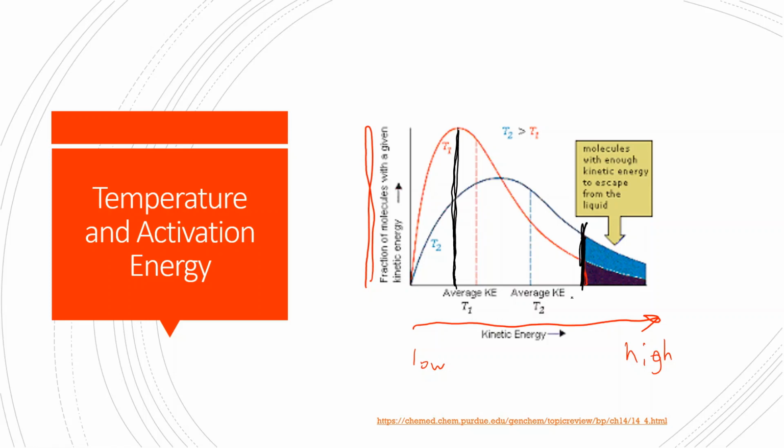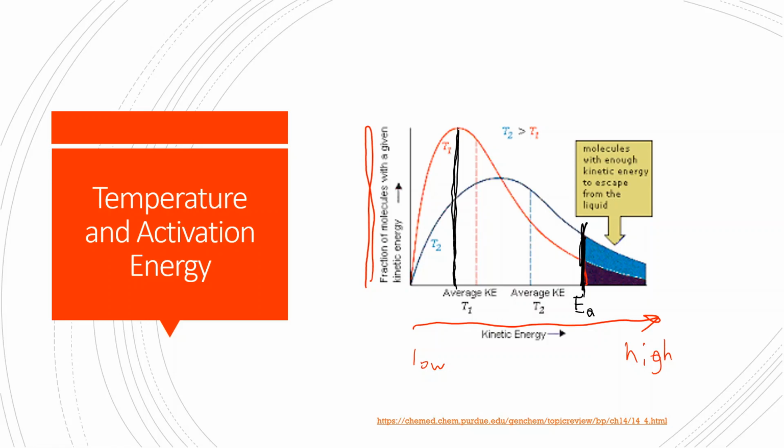Now, if this is the activation energy right here, the energy needed to begin the reaction, which curve, T1 or T2, is going to have a larger area that has the required activation energy?